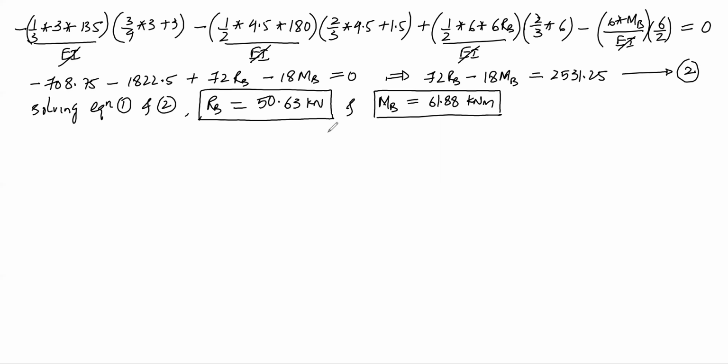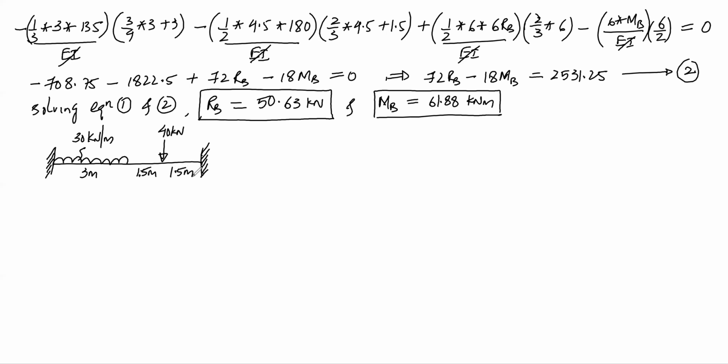Now once we know the redundants, we can calculate support reactions. So this is our fixed beam on which there is a partial UDL and a point load. The UDL is 30 kilonewton per meter over a span of 3 meters, and the point load is 40 kilonewtons and the distance is 1.5 meters.